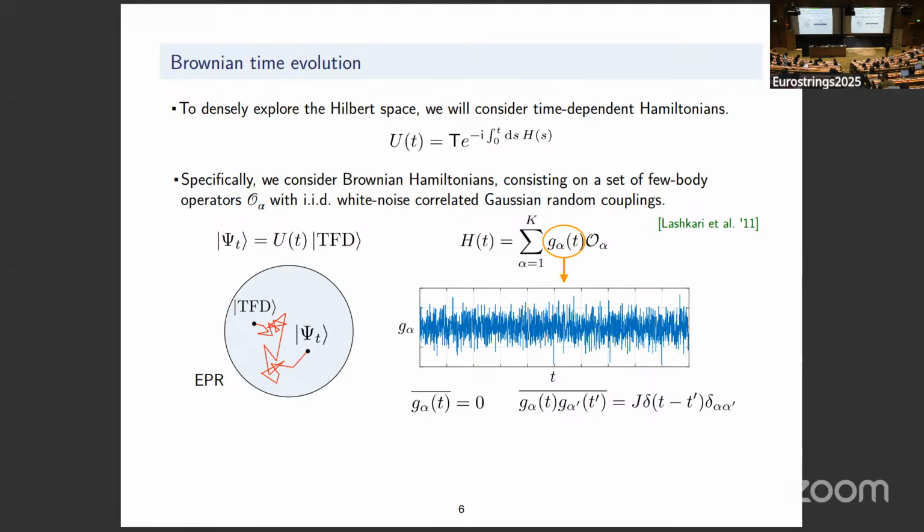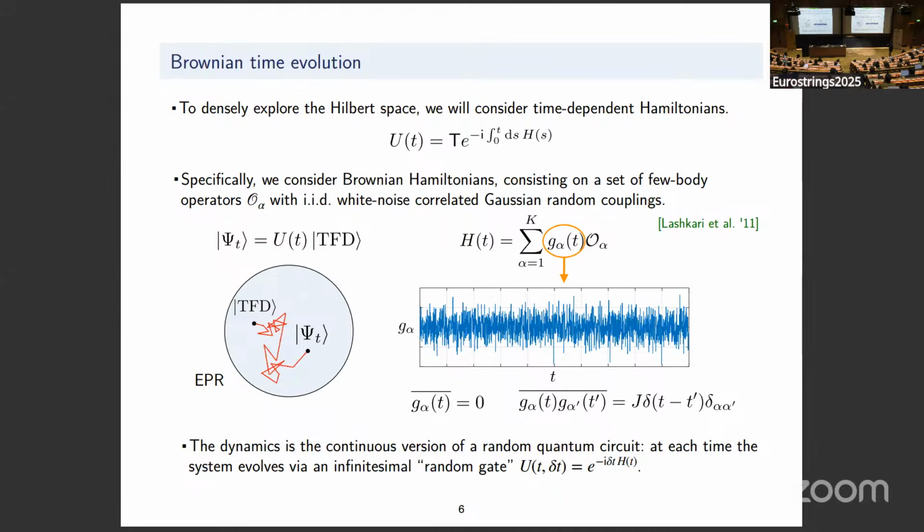Okay. And the intuitive picture is that this class of time evolution will generate some sort of Brownian motion in the space of maximally entangled states when we apply it to the infinite temperature thermofield double. So this Brownian motion will eventually be able to explore the whole Hilbert space and generate a typical entangled state.